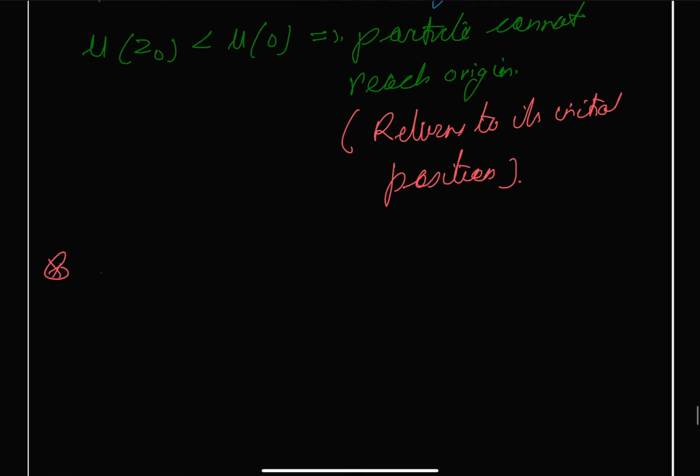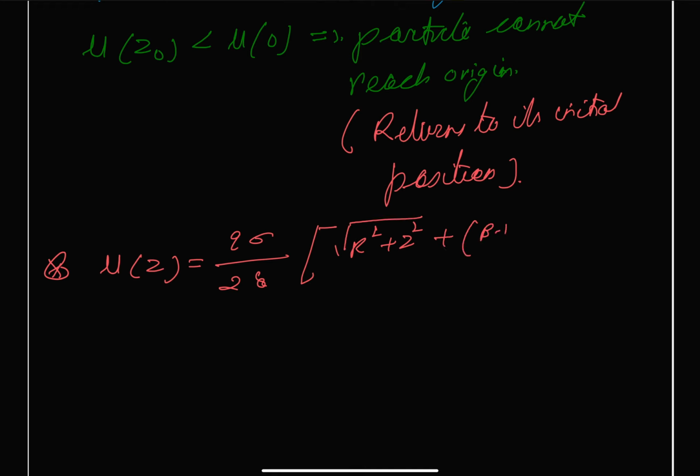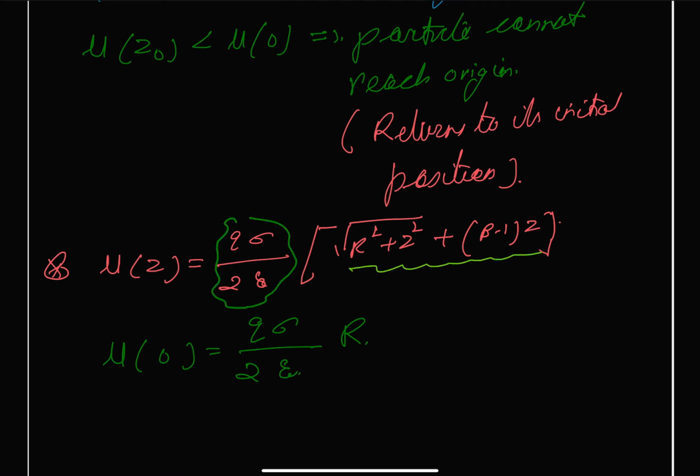We have U of z equal to Q sigma upon 2 epsilon naught times the square root of R square plus Z square, plus beta minus 1 times Z, and U of 0 will be equal to Q times sigma upon 2 epsilon naught, and putting z as 0, this will be multiplied by R. For our U of z, we are not interested in this portion, only in this particular variable because it depends on z.